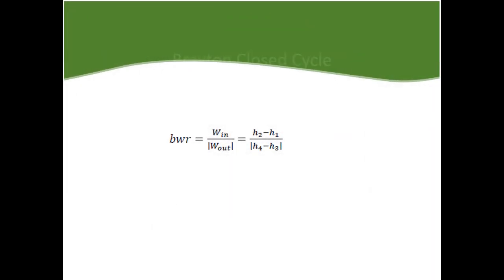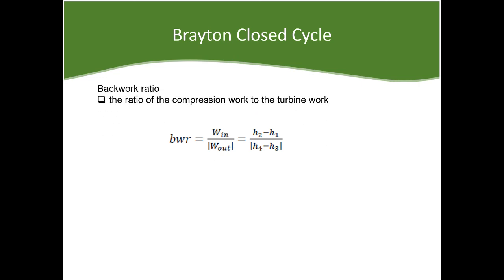Next is yung definition ng back work ratio. So, the back work ratio, ginagamit to sa Brayton cycle, yung terminology na to, is the ratio of the compression work to the work of the turbine.